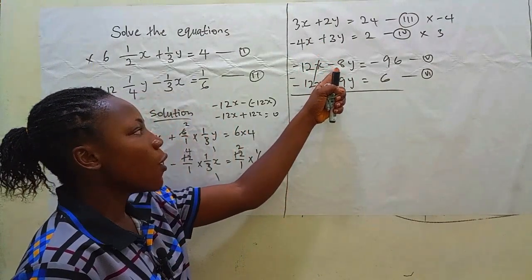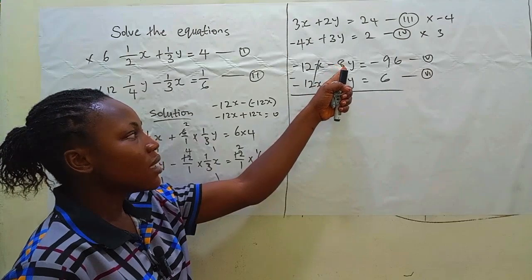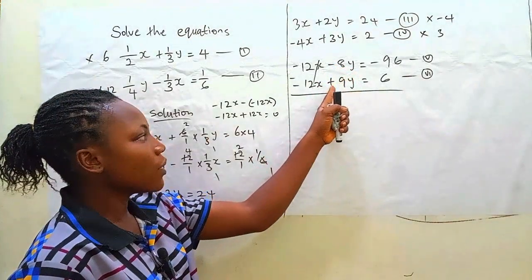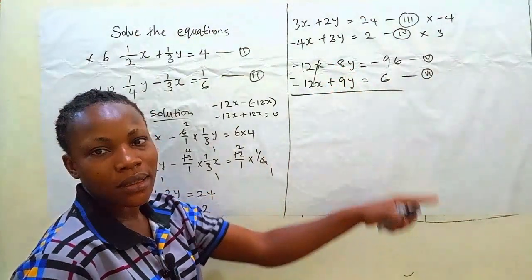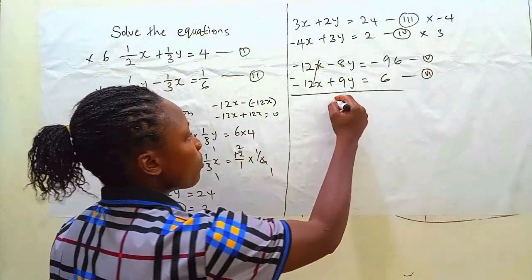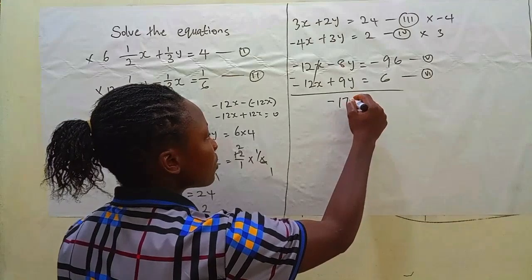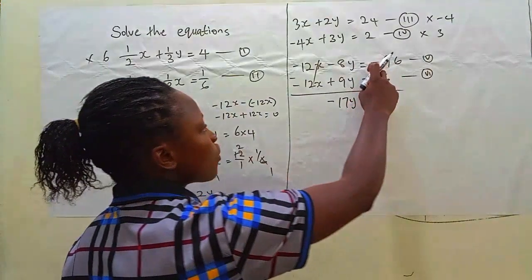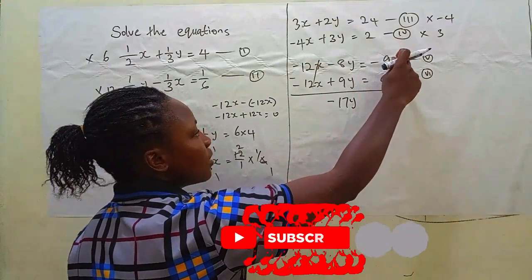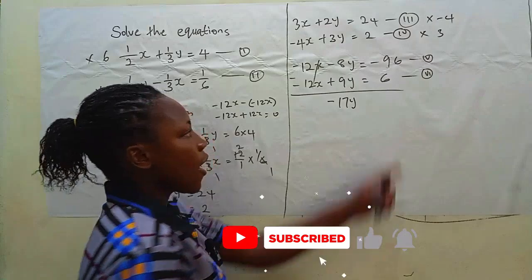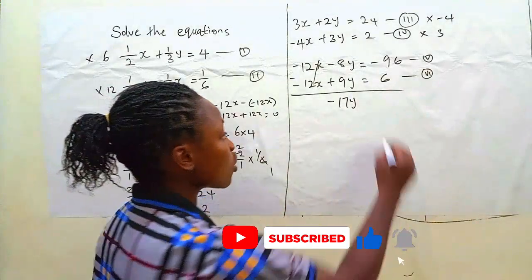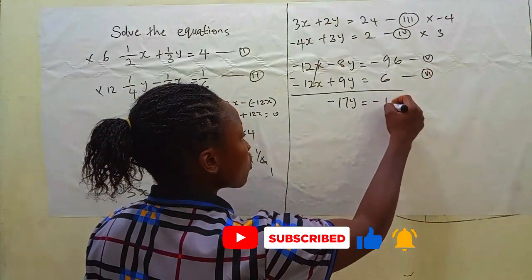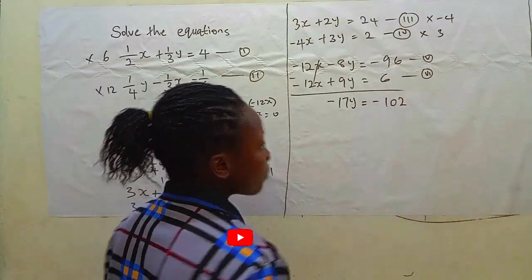Here we are going to have minus 8y minus 9y, which gives us minus 17y. Now minus 96 minus 6 gives us minus 102.